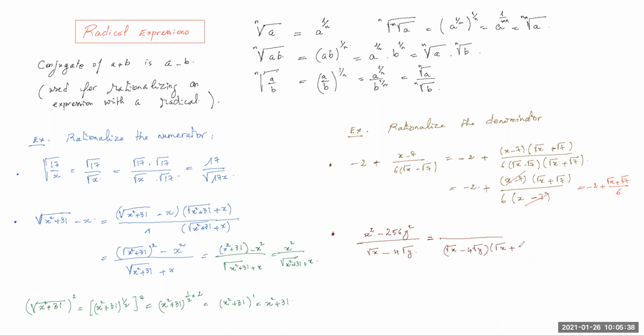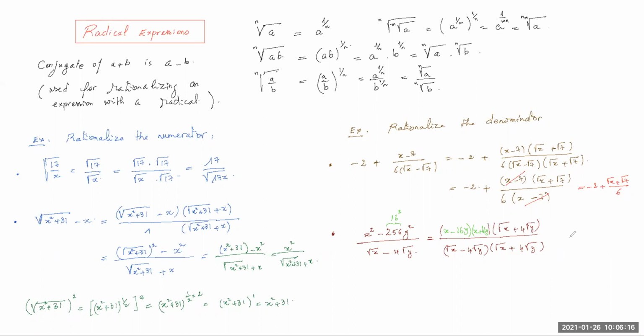So it's plus 4 square root of y. I multiply the same here. And here I see I have a difference of squares. This term, you can check, is 16 squared. So I can factor my expression as x minus 16y times x plus 16y.